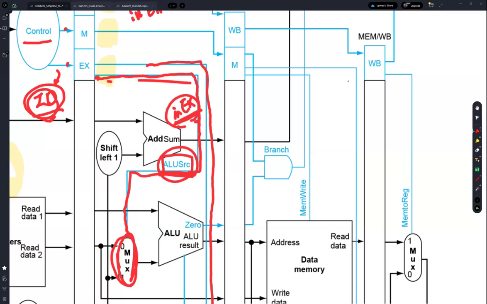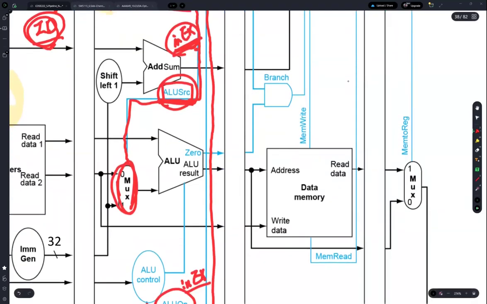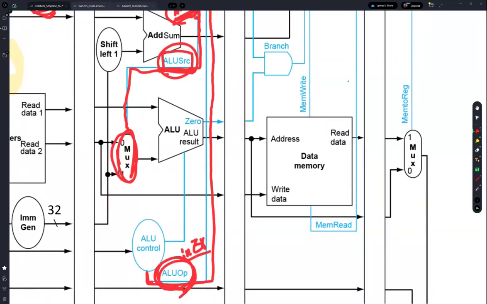So as I mentioned, the ALU source is used when an instruction is in the EX stage. And then ALUOp is the same. The ALUOp is used when an instruction is in the EX stage. You can find the ALU control is also in the EX stage. So in this case, we need to use the ALUOp signal in the EX stage.